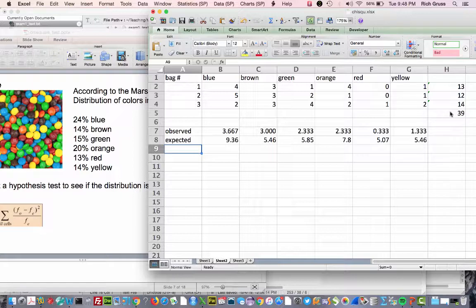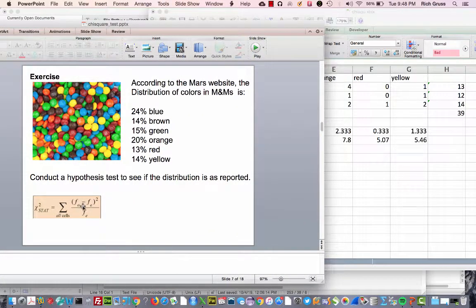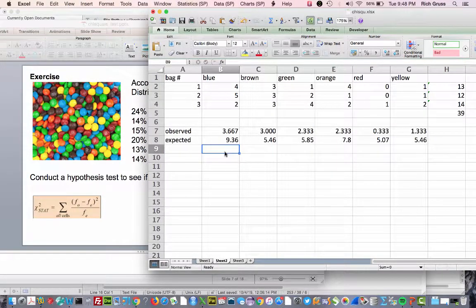So now all we have to do is make these figures again, where we're doing the difference between the observed and expected squared divided by expected. So it's just going to be observed minus expected squared divided by expected.